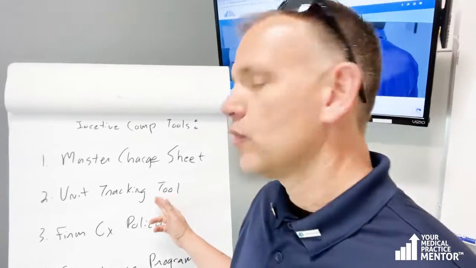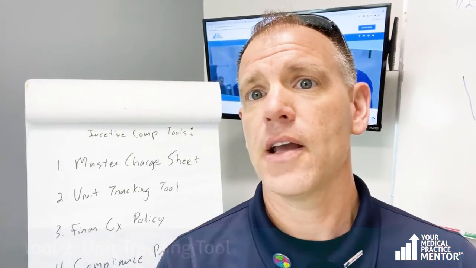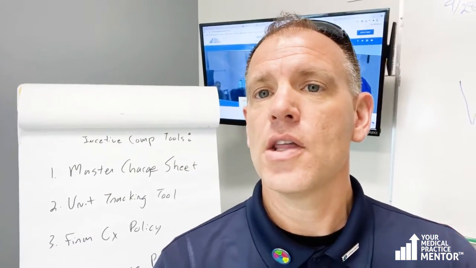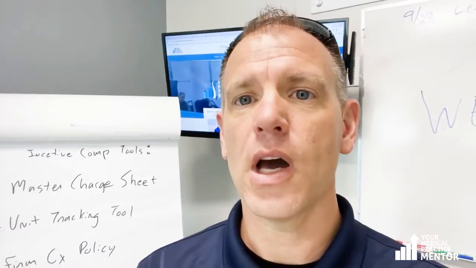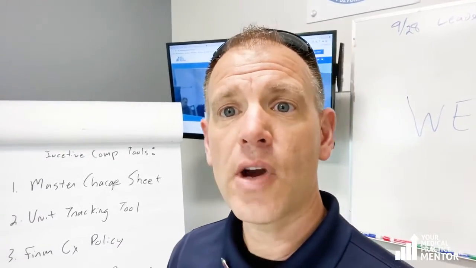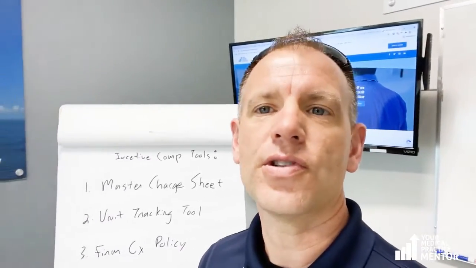The second tool you need is a unit tracking tool for each clinician. Again, this is a spreadsheet, and it lists the required target units for that individual clinician, how many units they got in a day, whether they sold any products, because they get 20% commission on the products, and any administrative hours they did.